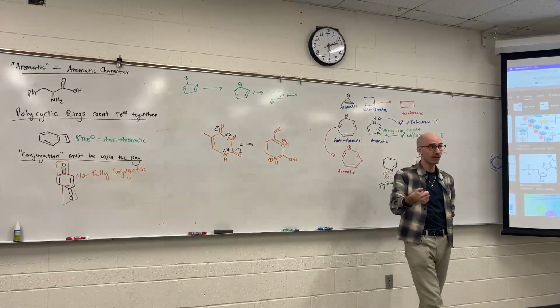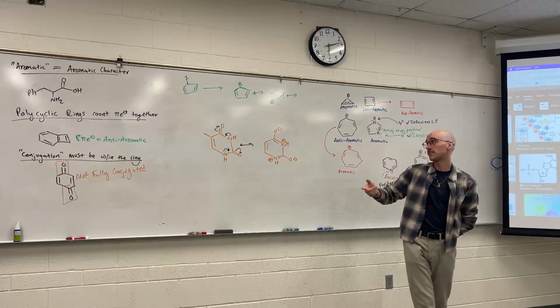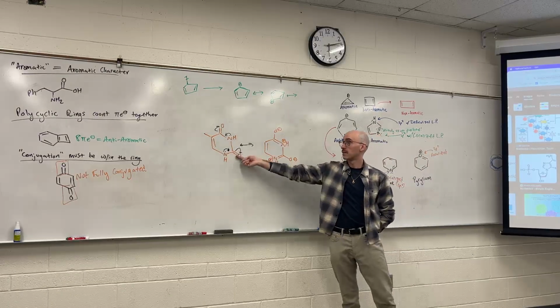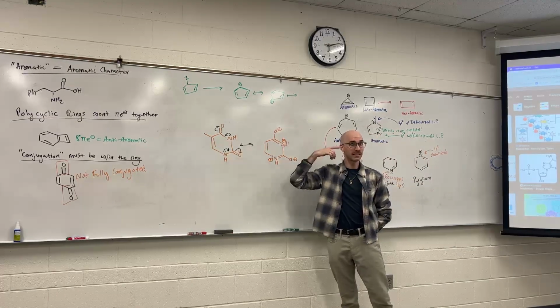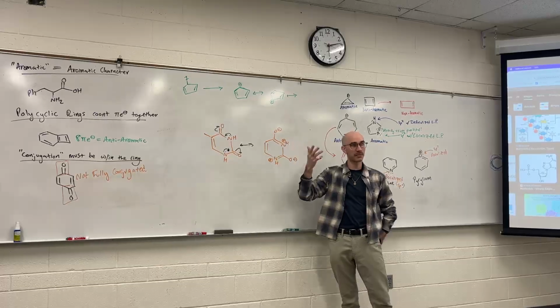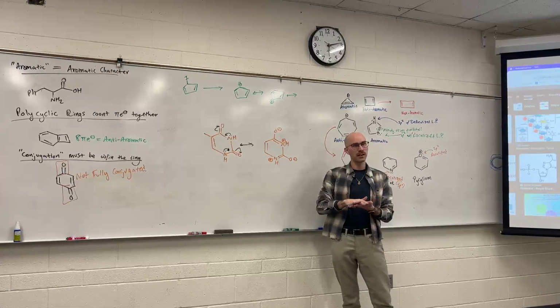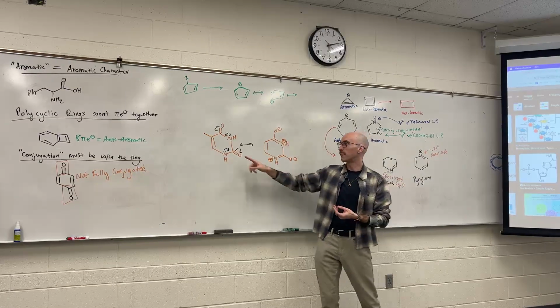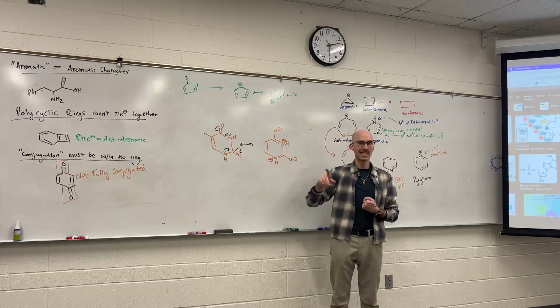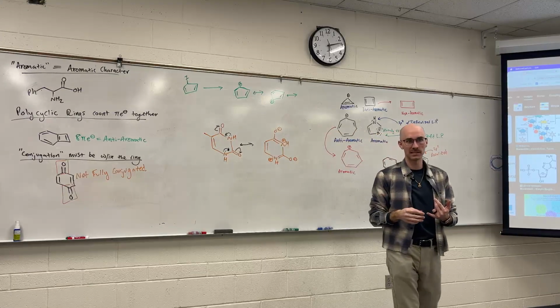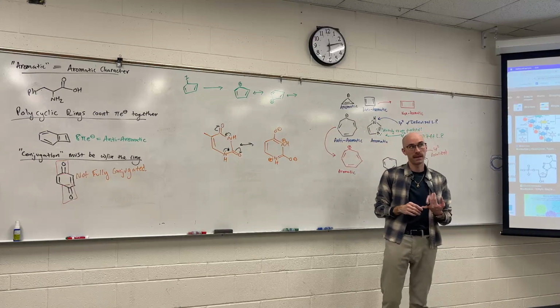And if it can be involved in resonance, then it must be sp2. And so even here, where we still expect it to be sp3 because we have those rules, we have expectations, but if it can be involved in resonance, and they like to be involved in resonance, then they have to be sp2.